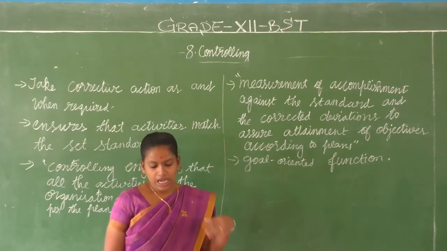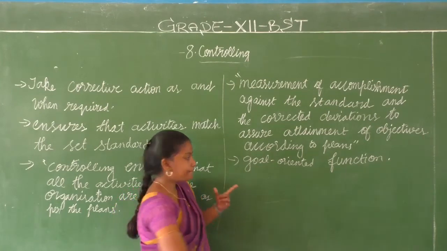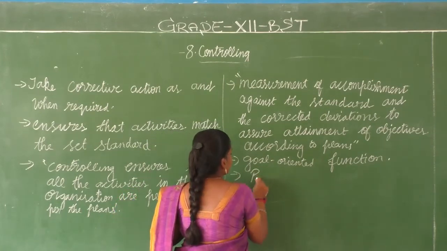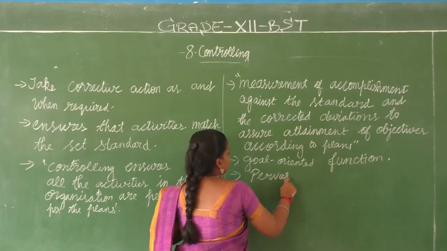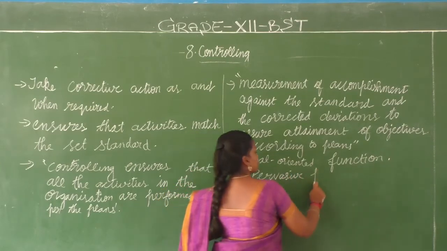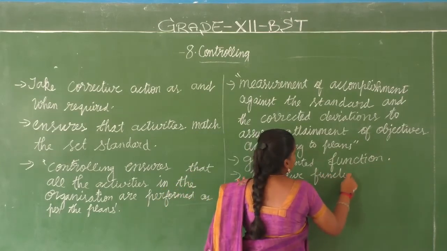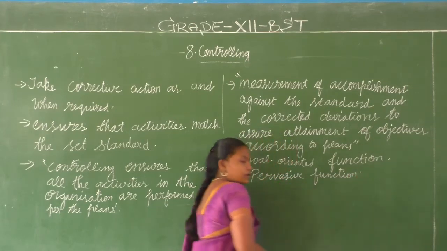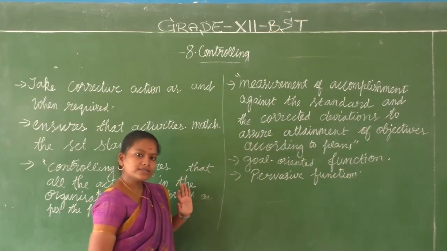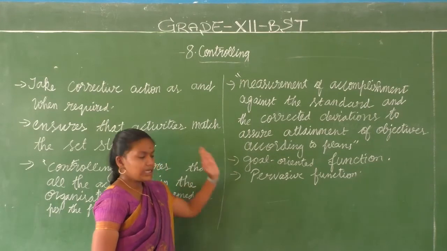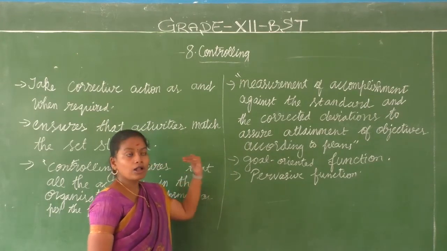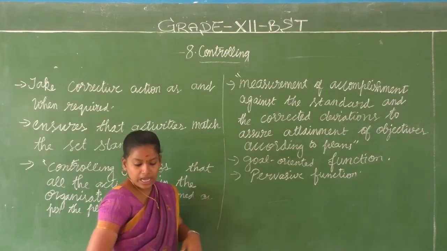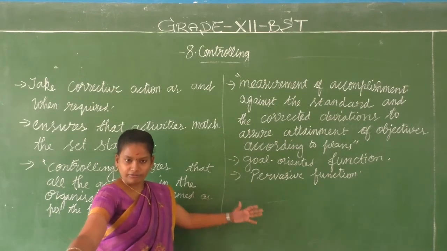All right children, and it is what? A pervasive function. What do we mean by pervasive function? That is, it applies to all the levels of management and to every kind of management.